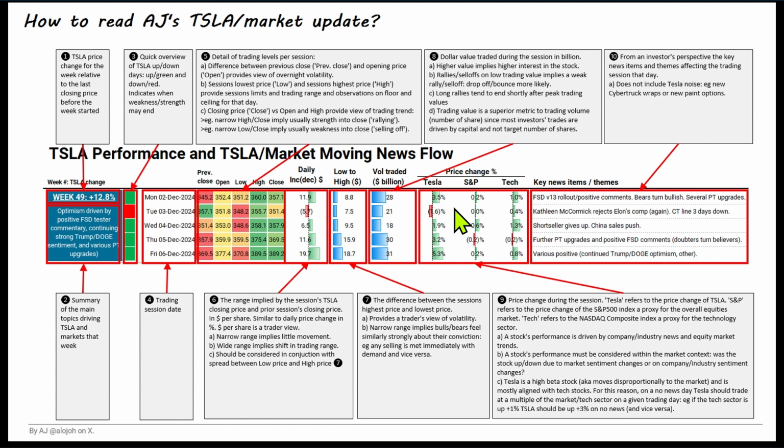So in this example, if the market moves up 1%, you expect Tesla to move up 2.5%. That's called beta implied. And the same is true the other way. If the market trades down 1%, you would expect Tesla to trade down 2.5%.